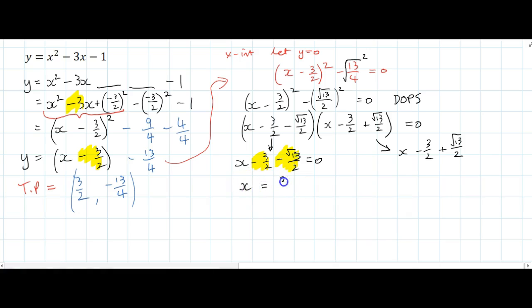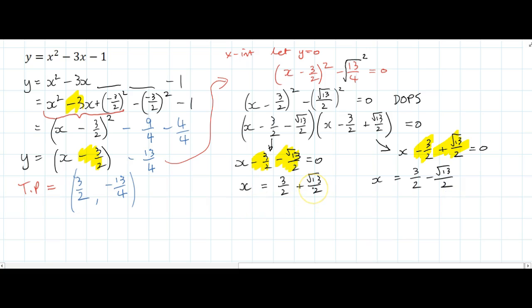We get 3 on 2 plus root 13 on 2. And on this one, same again, I'm moving this over, which will become positive, and I'll move this one over, which will become negative. So x is equal to 3 over 2 minus root 13 on 2.